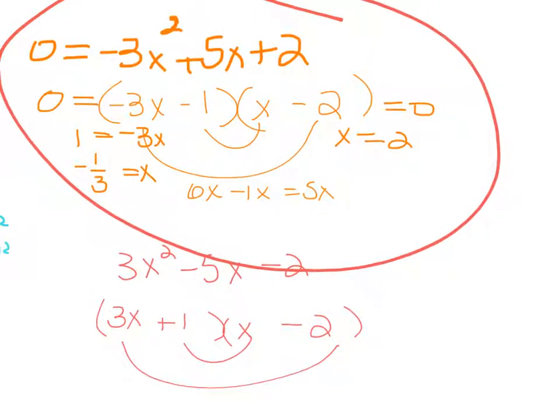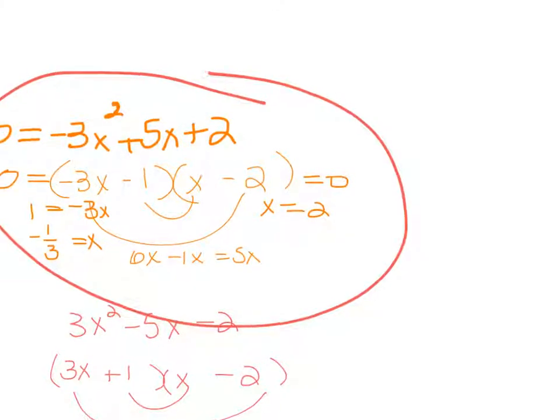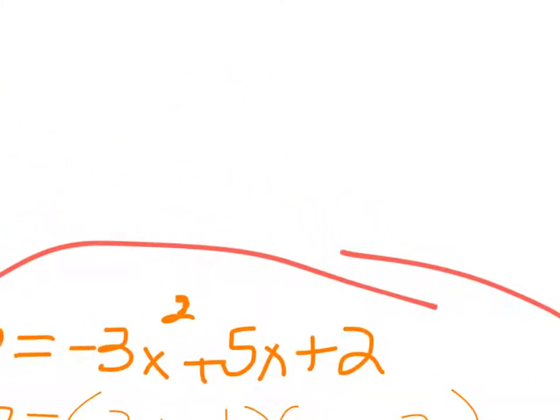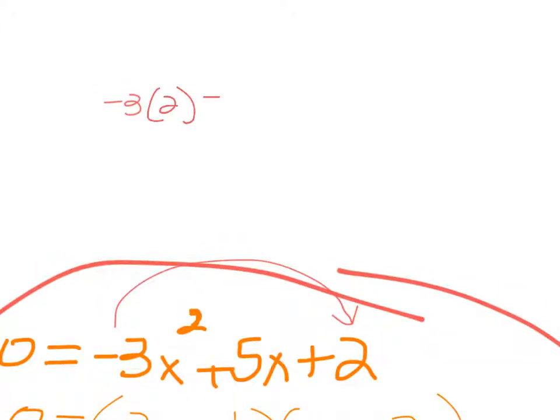The other way to factor, if you have a number on the front and you're struggling with trial and error, is to multiply the first and the last terms together. So negative 3 times 2 gives me negative 6. Find the factors of that sum to the middle term. So 2 numbers that multiply together to give you negative 6 but add up to positive 5 would be what?